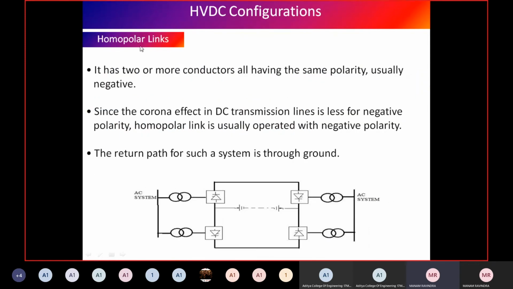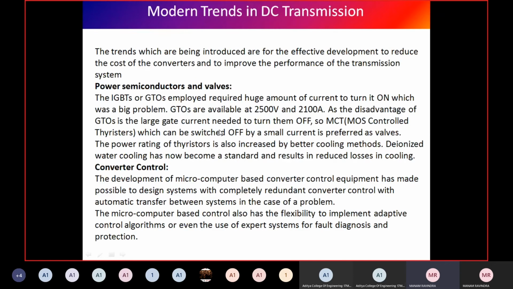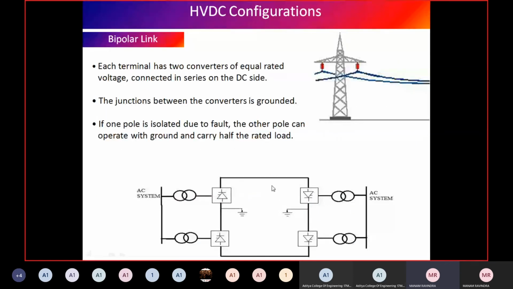Next, homopolar links. One or two monopolars we call homopolars. It has two or more conductors all having the same polarity, usually negative. The polarity is always negative in the case of monopolar as well as homopolar. If we have more than two monopolars under one, we call it homopolar. Here the return path is there, whereas in bipolar we consider there is no return path.